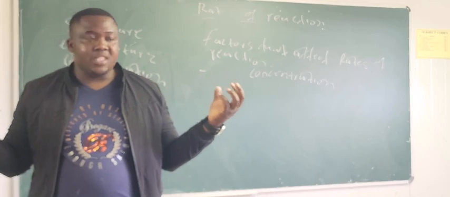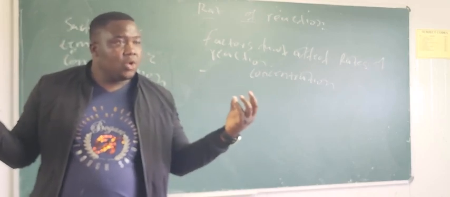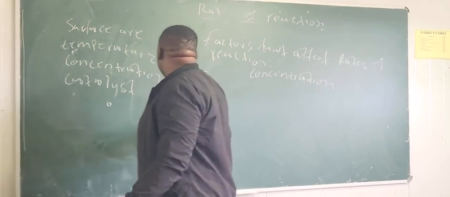It is concentrated because it is dark and it has got many molecules. You understand? Let me just give you an example.